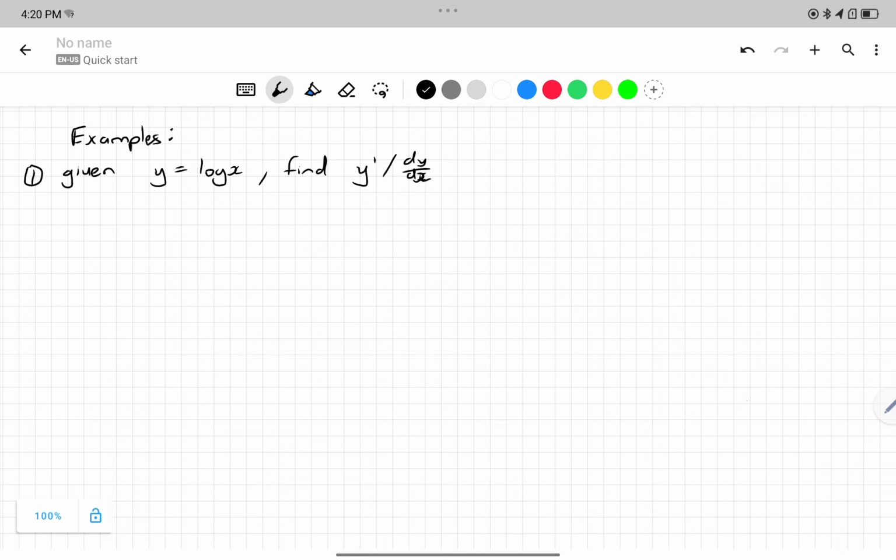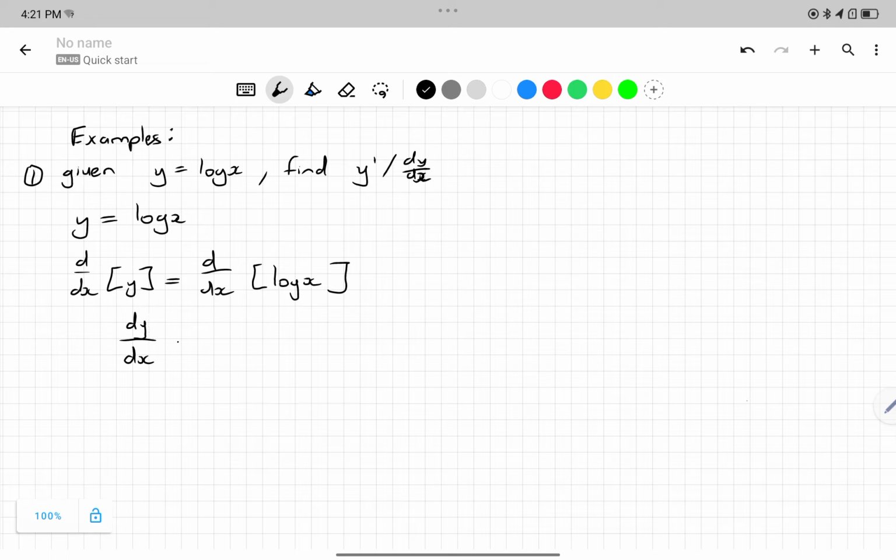So I have that y is equal to log x, and so d over dx of y should be equal to d over dx of log x, and so dy over dx should equal 1 over x, then ln of the base, which is 10.